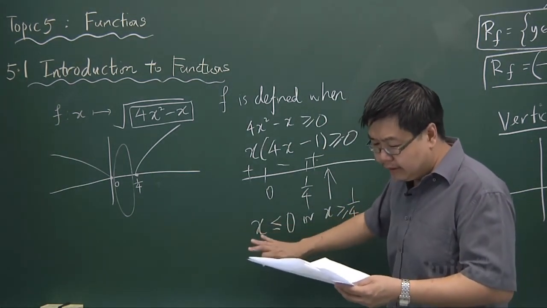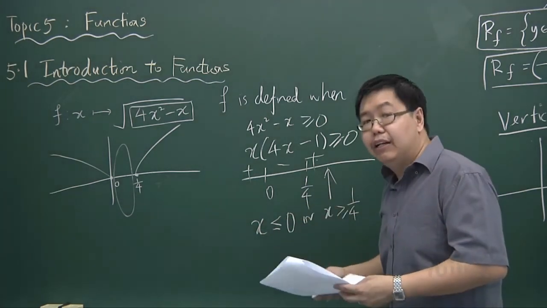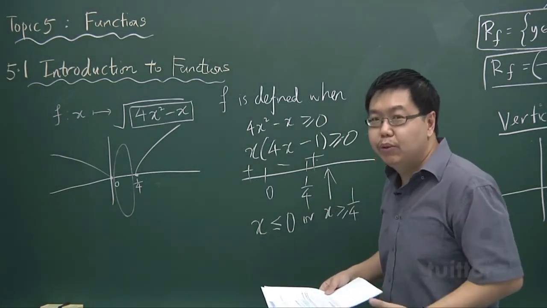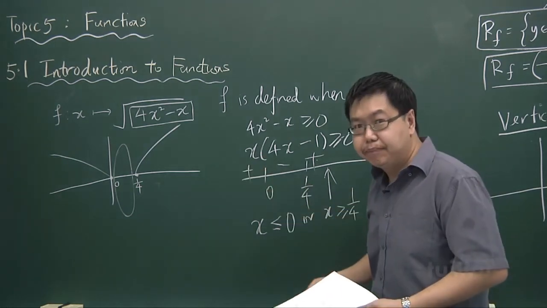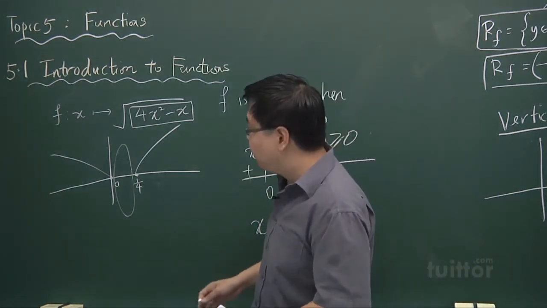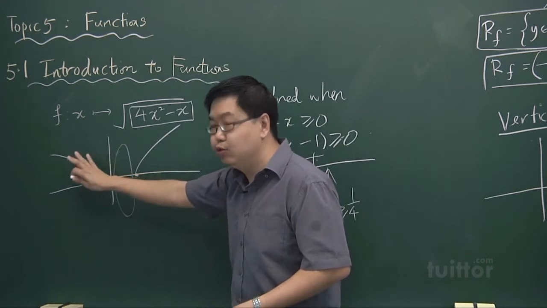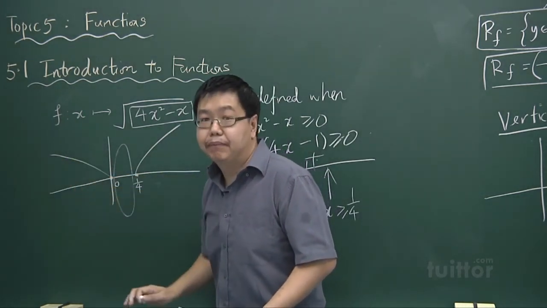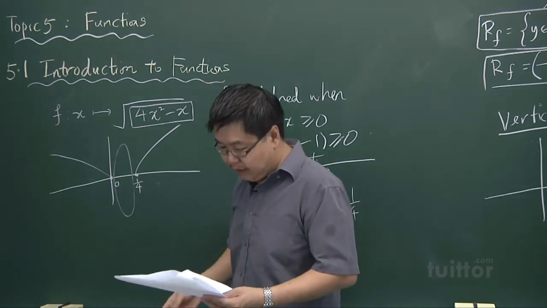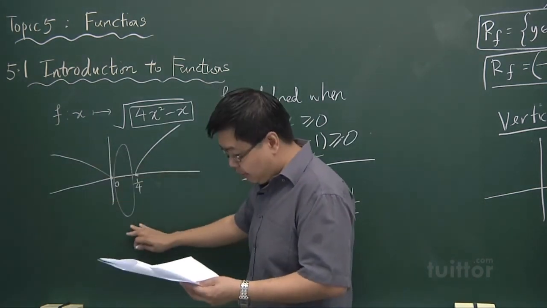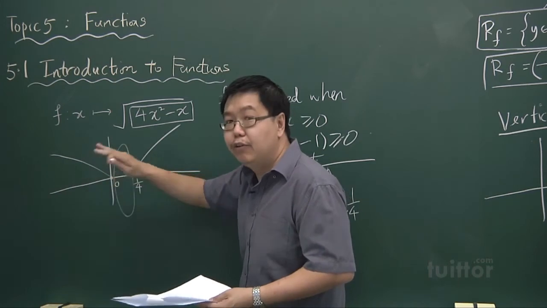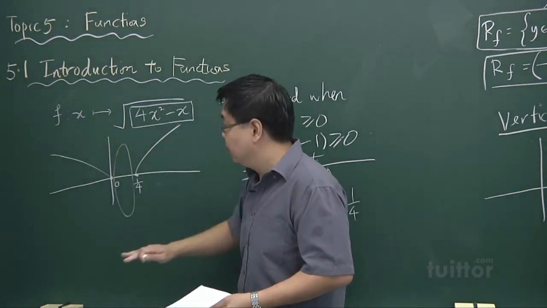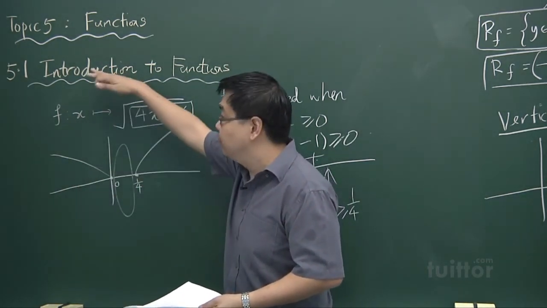Now, based on that, you can actually look at the range. Unfortunately, for range, the only way to do it is to sketch using a GC. When you sketch using a GC, be very careful. Always try to zoom out your graph a little to make sure that it doesn't stop somewhere and is not defined. Based on this diagram, you can see that the range of the function, remember, are the y values. So it will be from 0 to infinity.